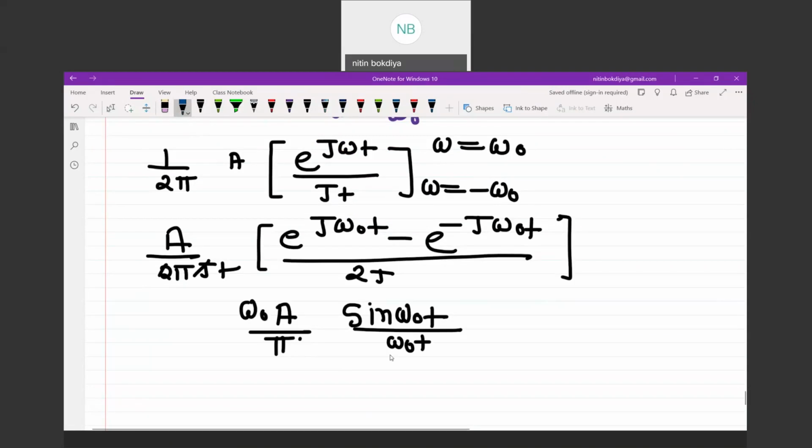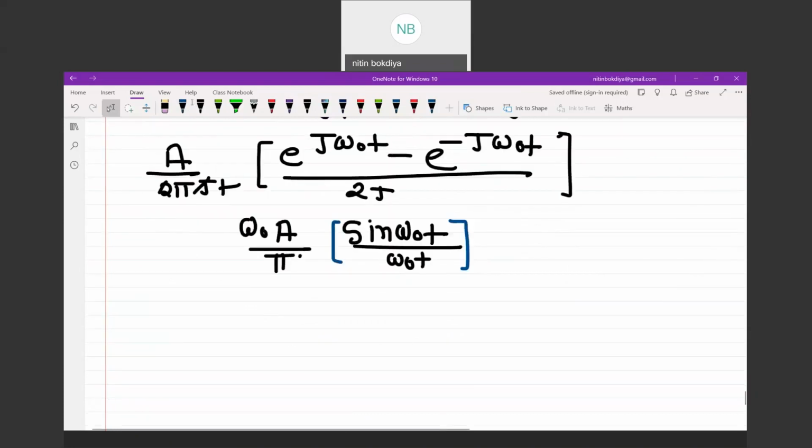So I can say this is a good idea to remember the inverse Fourier transform of sine omega naught t by omega, sine of omega naught t by t, rect of omega naught.